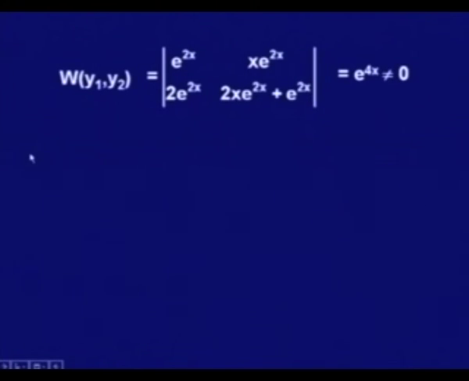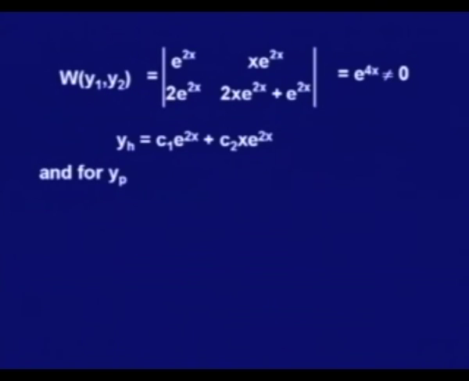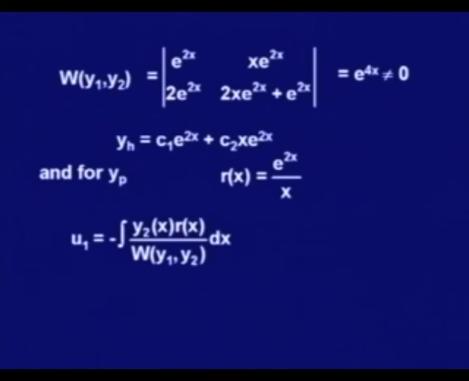So, what will be my u1 and u2? Rather than putting u1 and y1 in those equations and finding out what it is, we would be using the formulas directly. YH is c1 e to the power 2x plus c2 x times e to the power 2x. For yp, R(x) is e to the power 2x upon x. Now, what will be my u1?